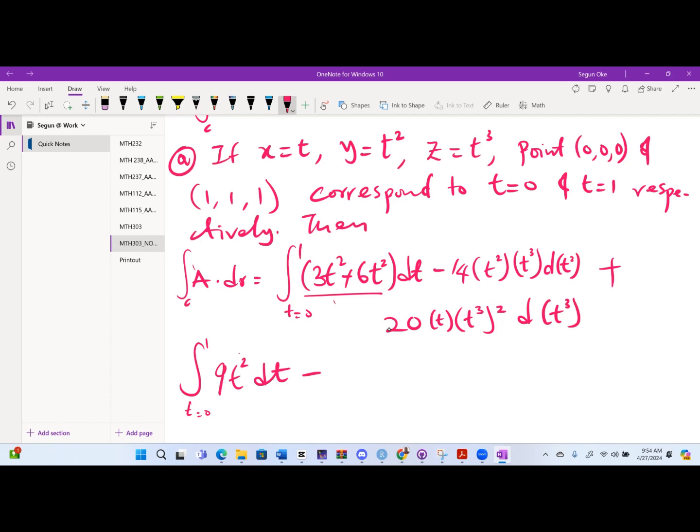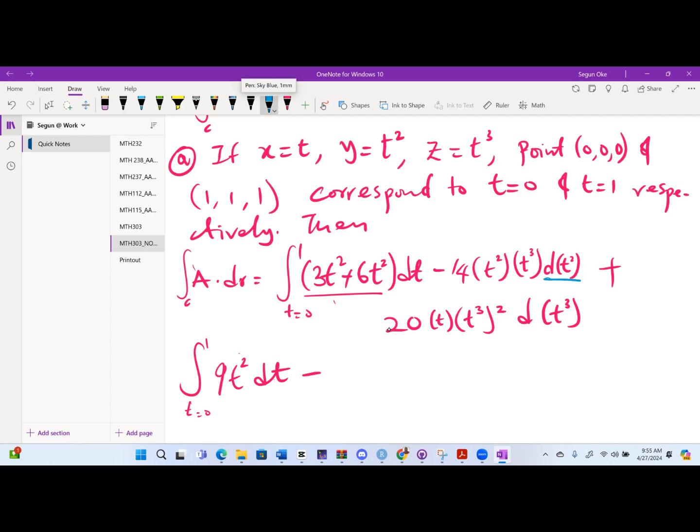Now, let me explain something to you. The question is how do we deal with d of t squared? You need to differentiate this first before you add it. Am I communicating? D means differentiation. Do you agree with me?